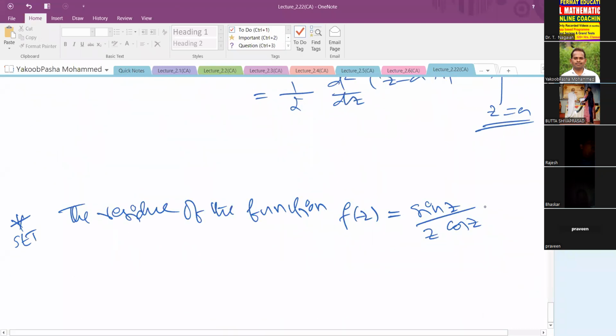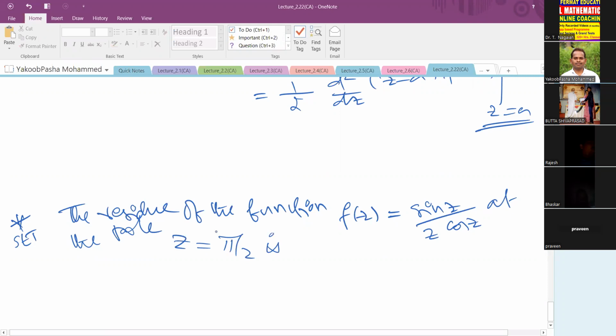Now f of z is equal to sin z by z cos z at the pole z is equal to pi by 2. We are given the pole here.